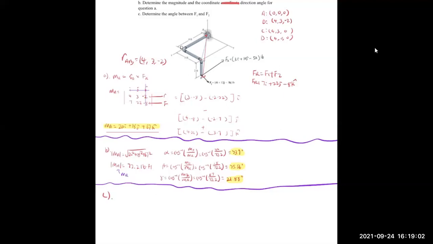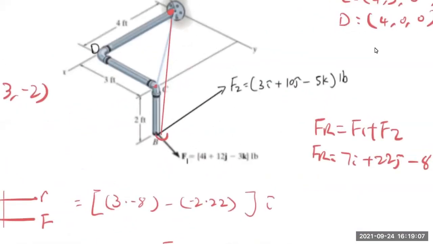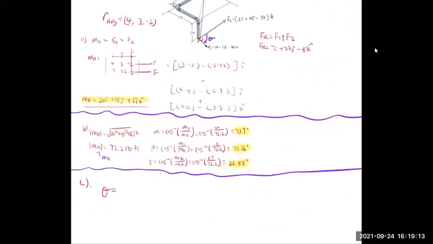Part C, okay, so we want to find out the theta between F1 and F2, which is this angle right here. Theta, we know that theta is equal to F1 vector multiplied by F2 vector divided by F1 magnitude multiplied by F2 magnitude.